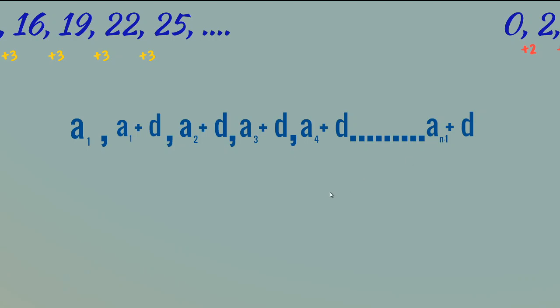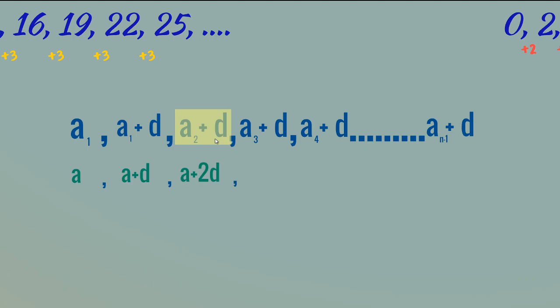Now suppose my first term is a, that is the value of my first term, and so what will be a1 plus d? It will be a1 is a, so a1 plus d is a plus d. Next, a2 plus d. What is a2? a2 is the second term. Second term is a plus d. So a plus d plus d. Right. So that is a plus 2d.